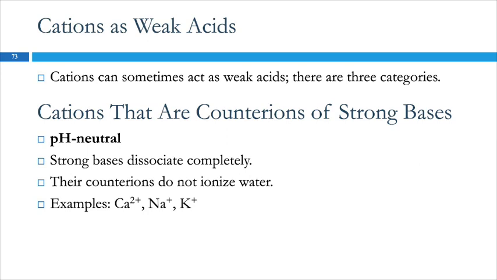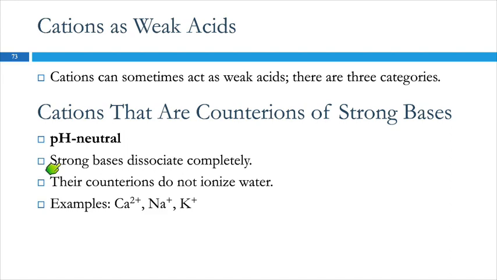So anions can act as weak bases, cations can act as weak acids. There's 3 categories. We have pH neutral cations. These are the cations from strong bases.